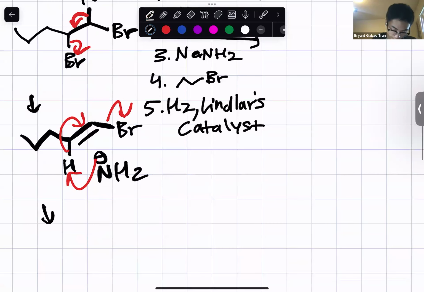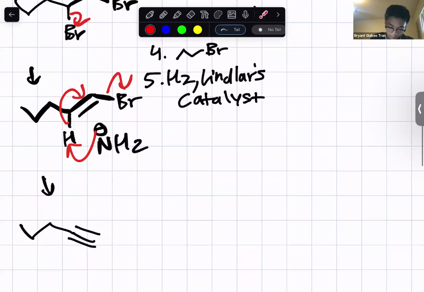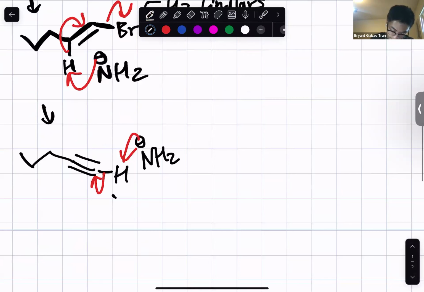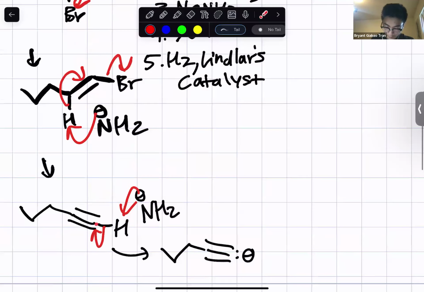This will form our triple bond here. But we know that the bond angle for triple bonds is 180 degrees, which is why I made that linear. The third equivalent of the strong base is going to deprotonate that terminal alkyne to give us this alkyne anion here, where there's a negative charge on that carbon right there that got deprotonated, right?